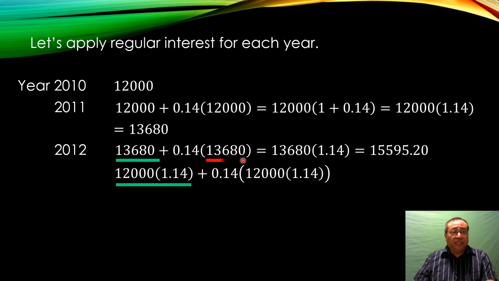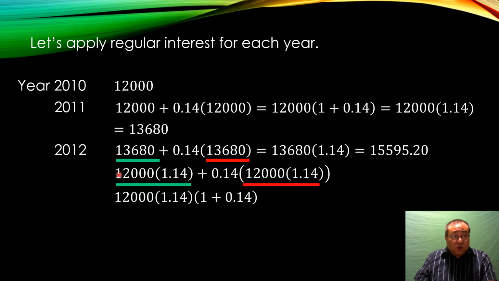So we're going to factor that out. When we factor out the 12,000 times 1.14, it's in both places. Taking it out of 12,000 times 1.14 leaves a 1, and taking it out of the other expression leaves the 0.14.